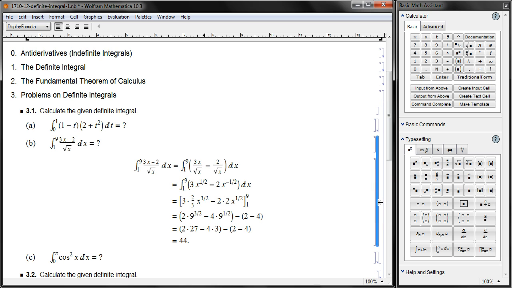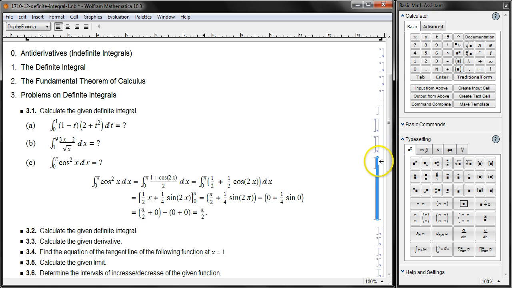The same deal here. Find out the antiderivative, plug in the top, plug in the bottom, subtract one from the other. This is capital F of B, that's capital F of A, subtract one from the other. Same kind of computation.